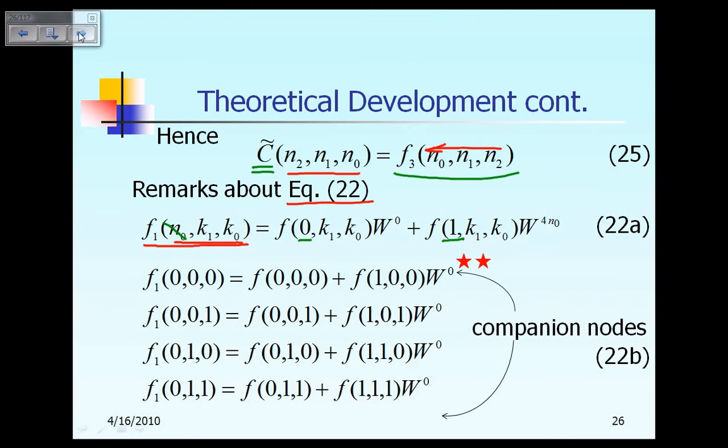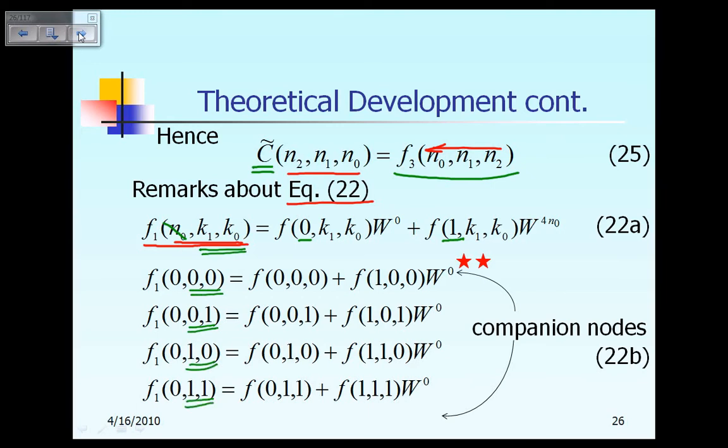So now, suppose we say n0 equal to 0 or 1. Then after that, what could be the value for k1 and k0? Well, the possible answer for k1, k0 could be either 0, 0, or 0, 1, or 1, 0, or 1, 1.